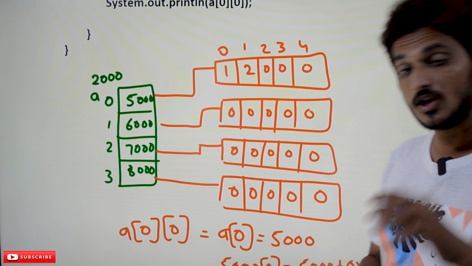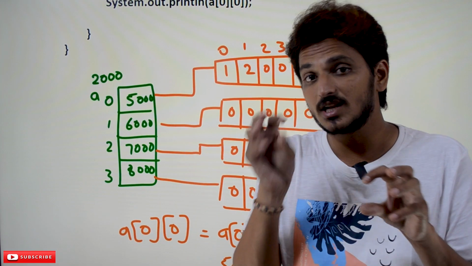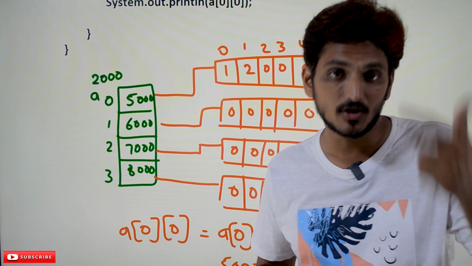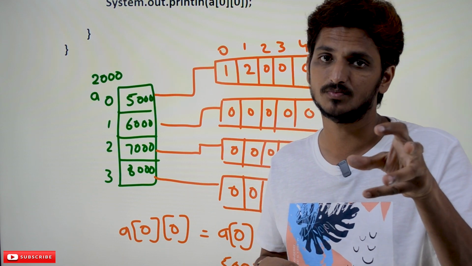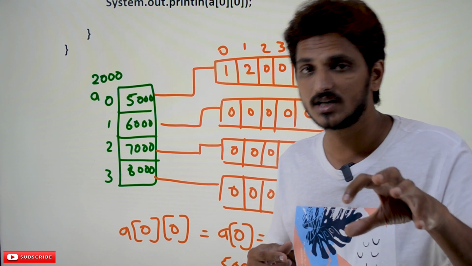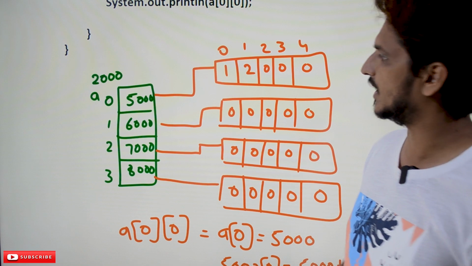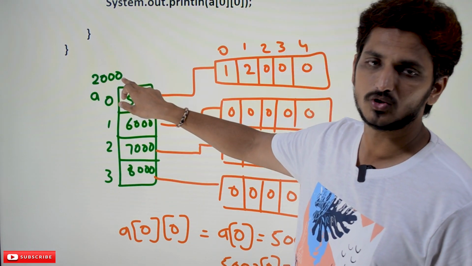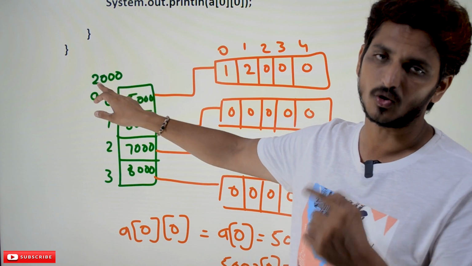See here, in our last classes, how single dimensional arrays are allocated space. Those discussions were made in our previous classes in the random access memory. Assuming that you already have that understanding, we are explaining this concept. The first array is assigned a memory location of 2000. The starting address is 2000.